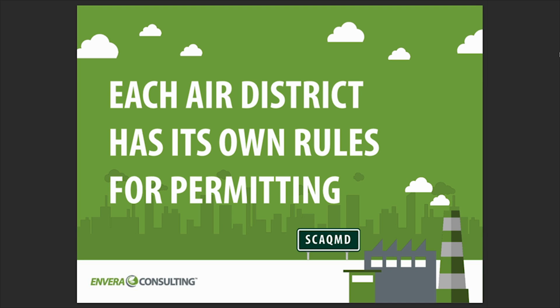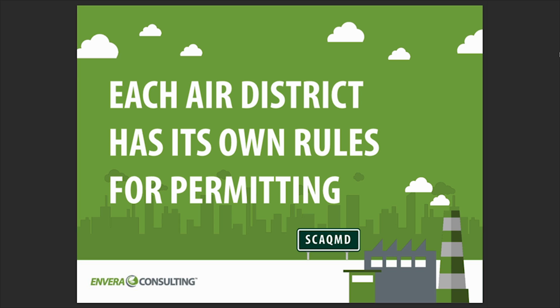When it comes to permitting, each of California's 35 air districts will have its own rules for permitting because the rules within each air district are dependent on whether or not the area meets the National Ambient Air Quality Standards. In other words, if an area has poor air quality, then you can expect the air quality regulations in that area to be more stringent when compared to an area that does meet the National Ambient Air Quality Standards.